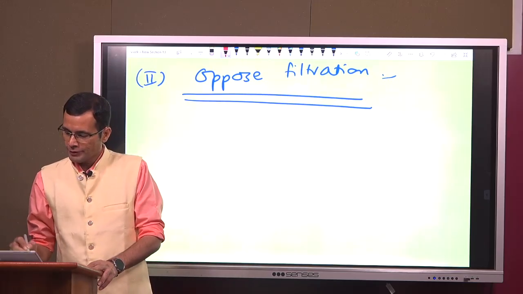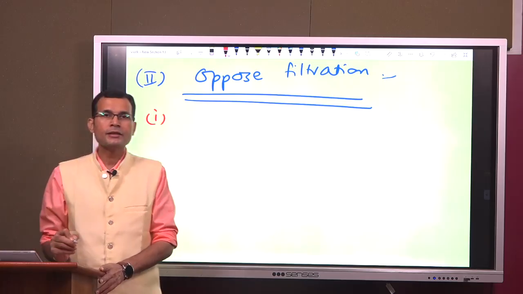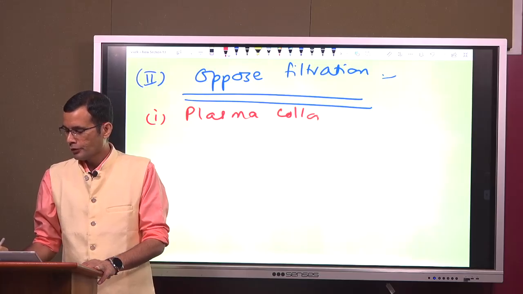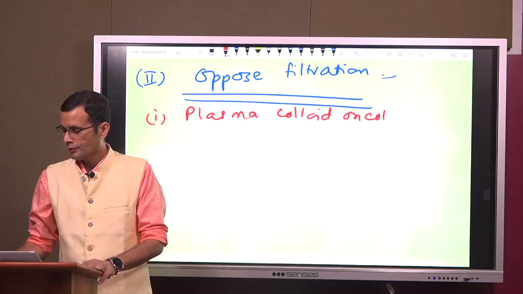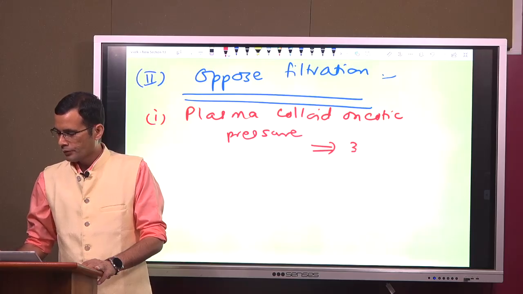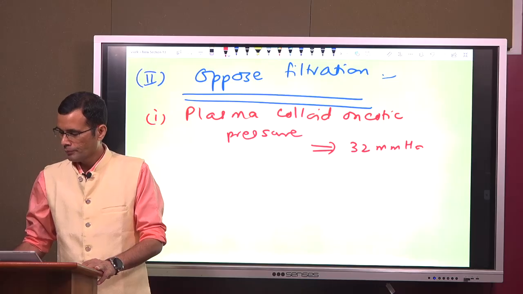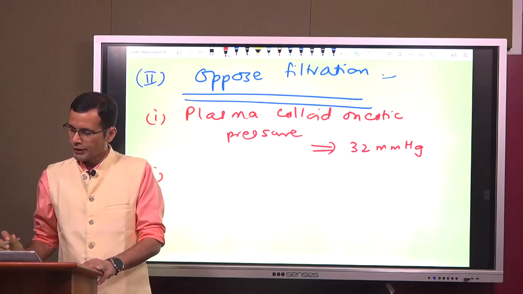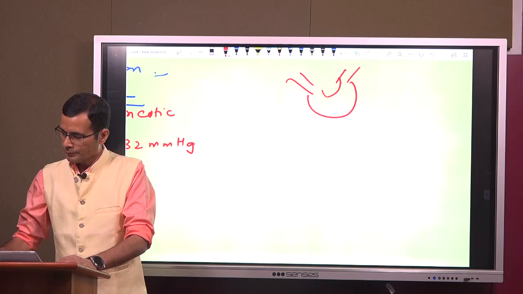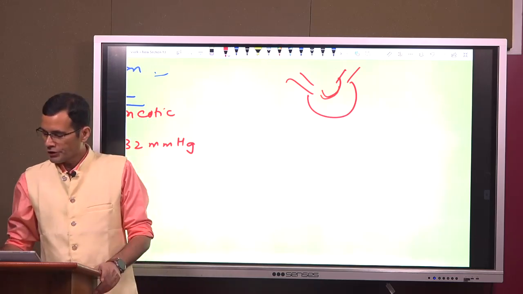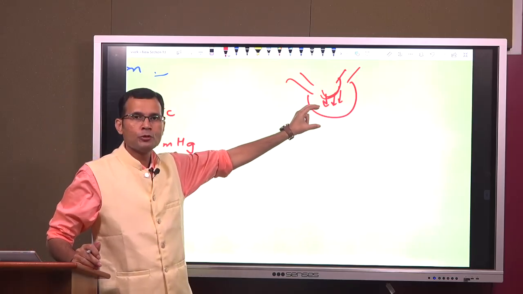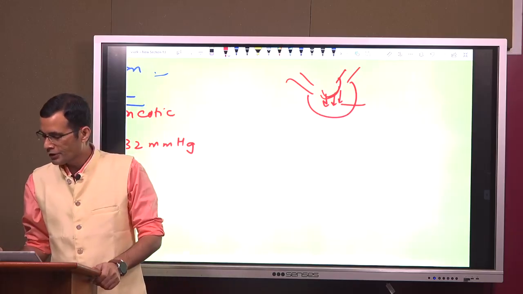What are those forces then? One is plasma colloid oncotic pressure. It is 32 mm of Hg. And the other one is, in the case of the glomerulus, when the filtration happens, the fluid comes into the Bowman's capsule and accumulates here.